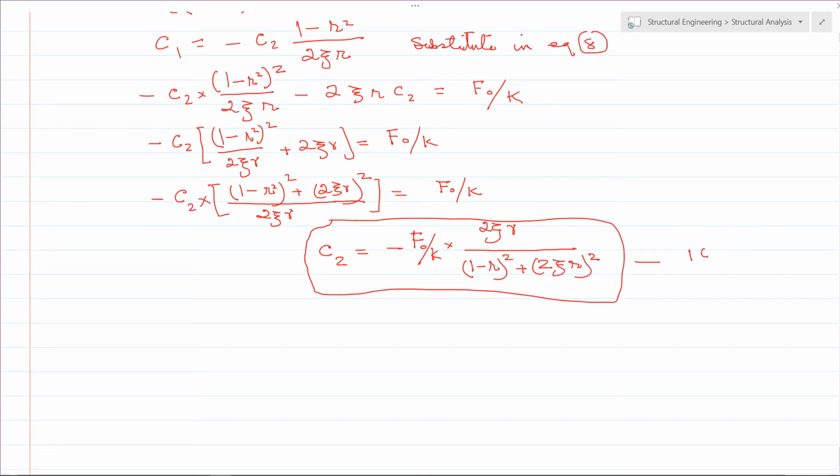This is our equation number 10. So from equation number 10 we can substitute back into our equation number 9, and we can get the value of C1.